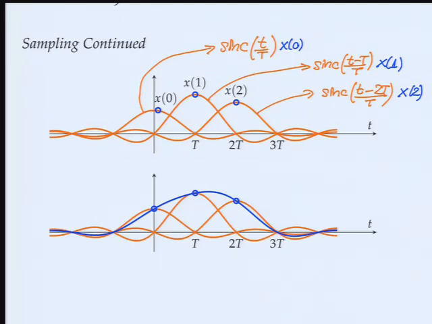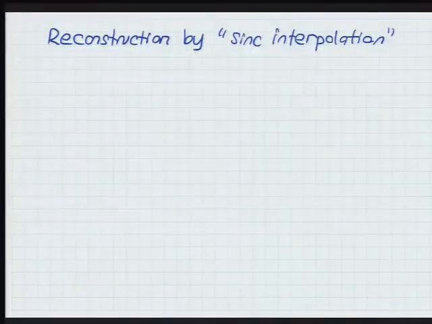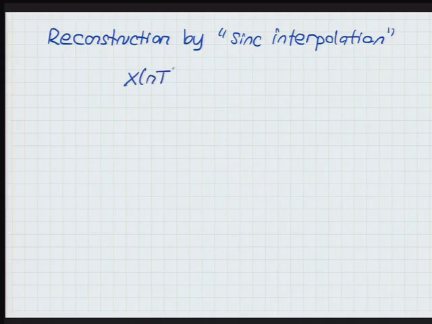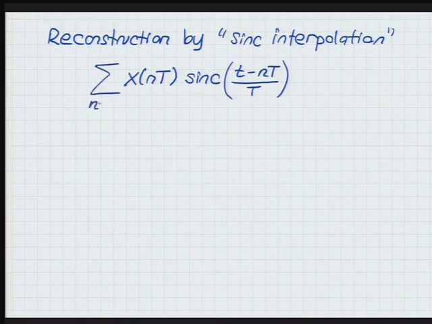So let's just write it as an equation now. That basically means you take x of n times T. In our example, n was 0, 1, and 2. Multiply it with sinc of (t minus nT) by T, and add those up, from negative infinity to infinity, of course, where n is an integer, okay?